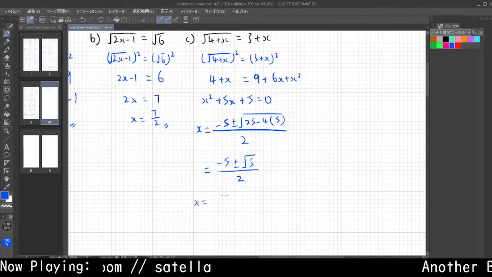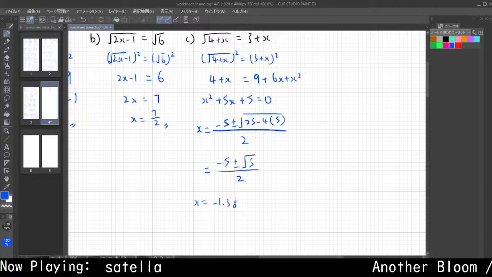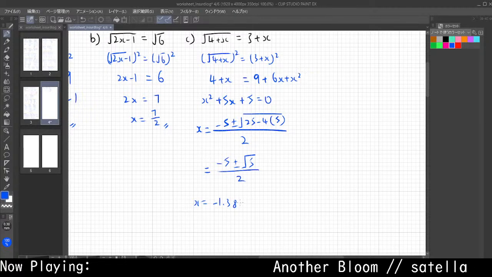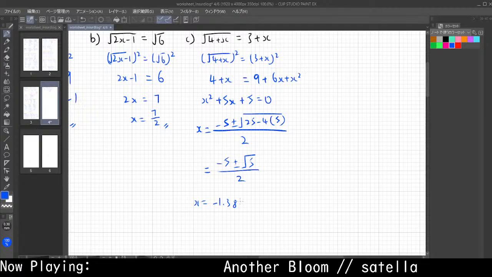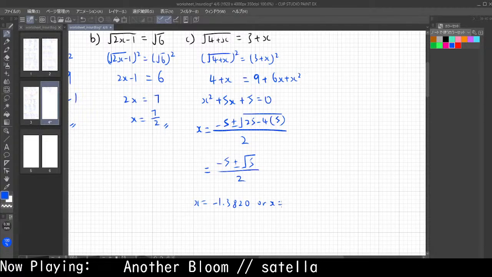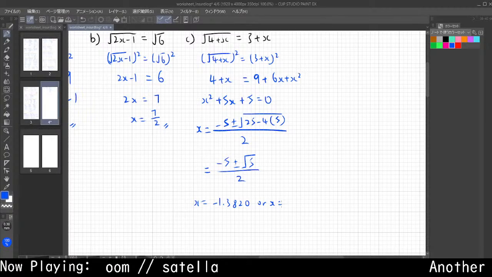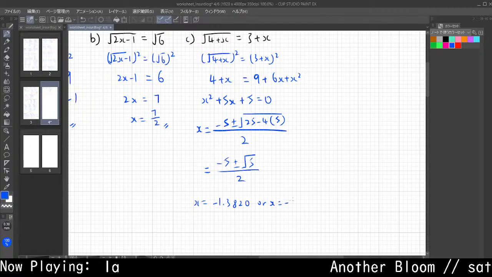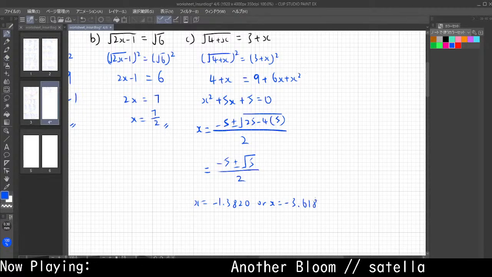So your x is equal to -1.38, and the other one is about -3.6.